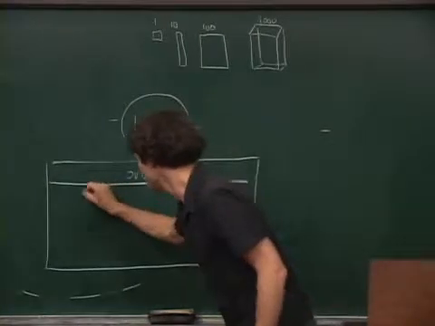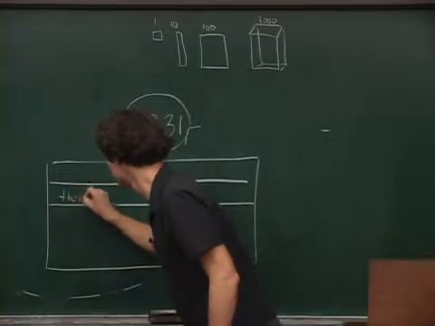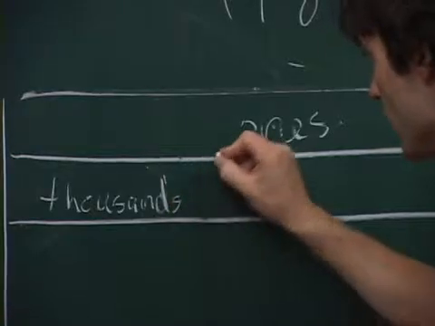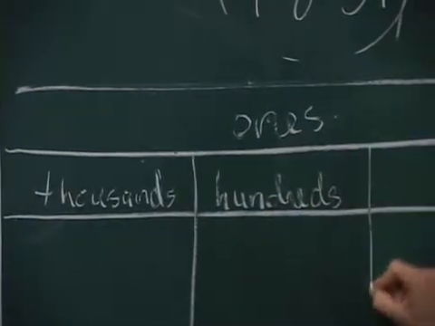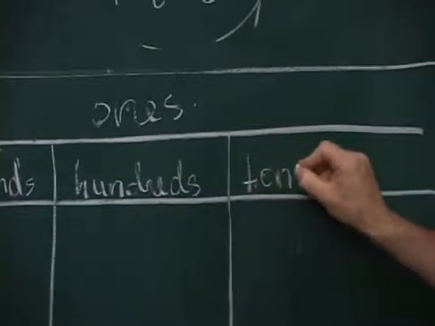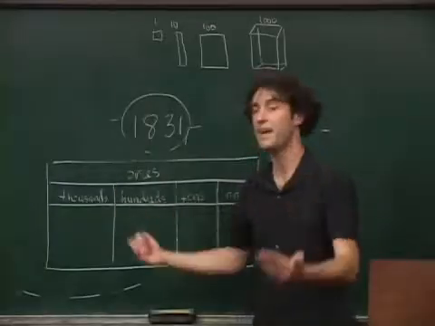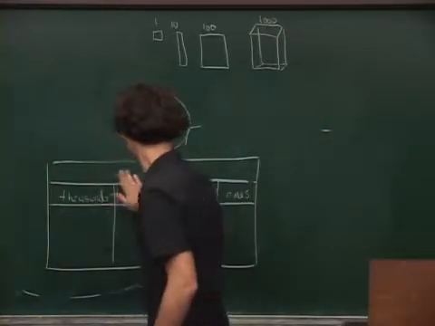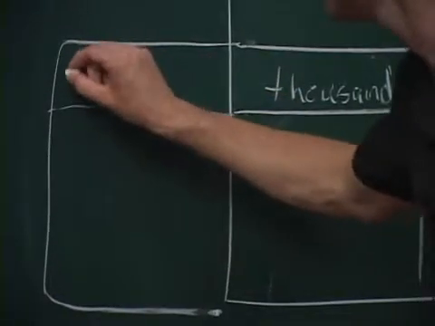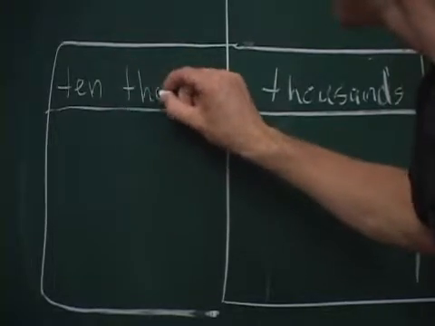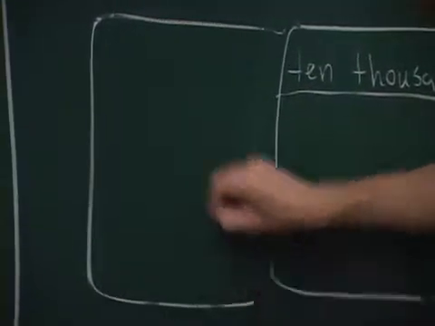Okay, and here is the thousands, the hundreds, the tens, and the ones. And it can get bigger by going into the 10,000s, and the 100,000s.